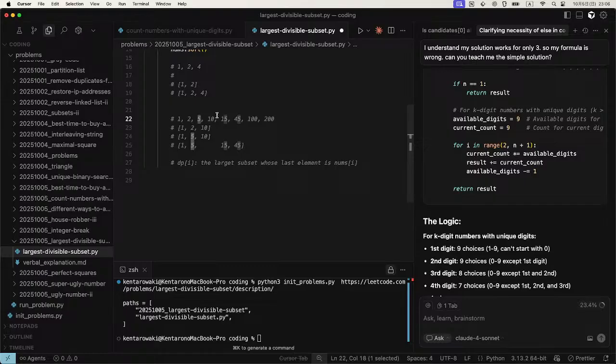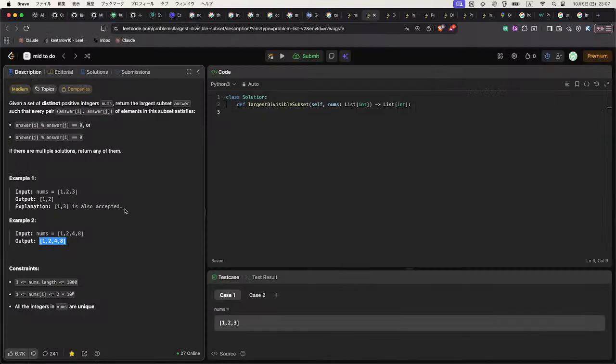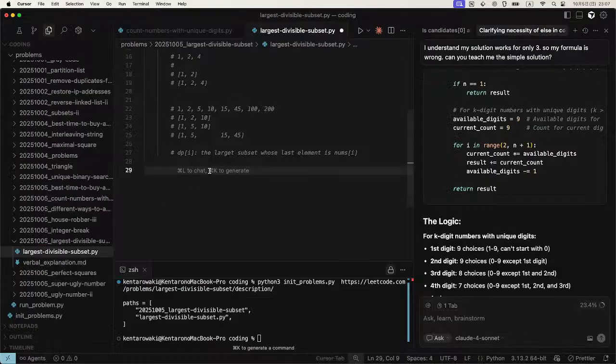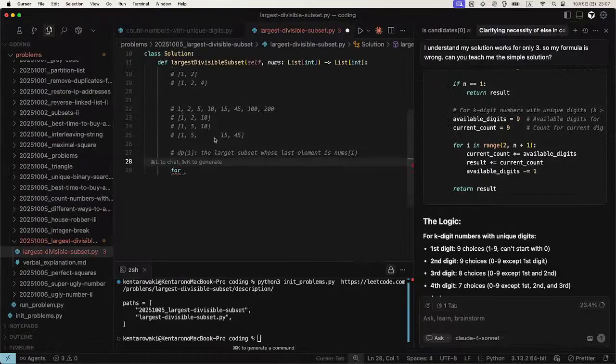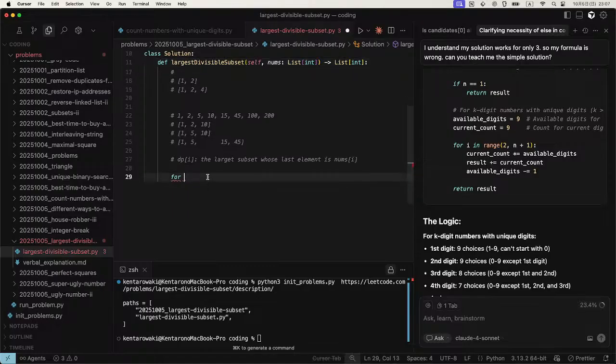Okay, so we should loop linearly, so yeah, double loop. But the length of numbers is not too large, so we can do it.